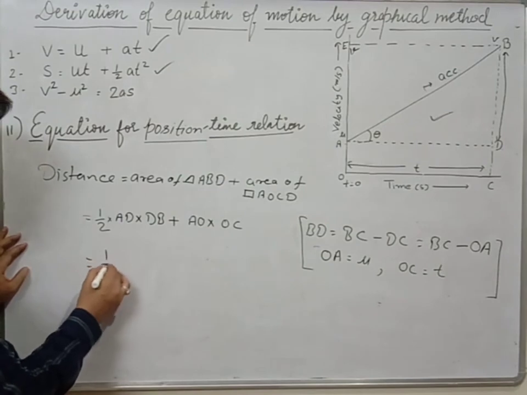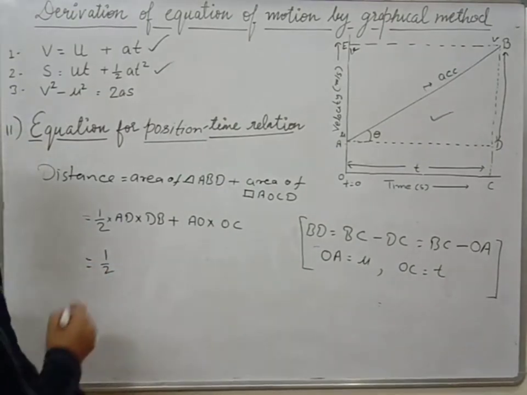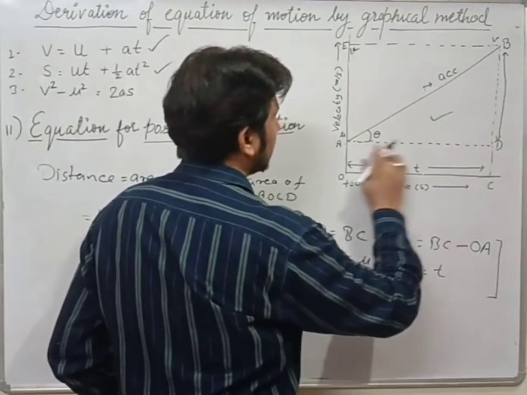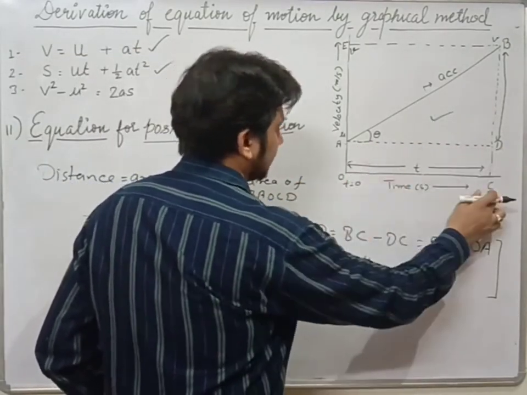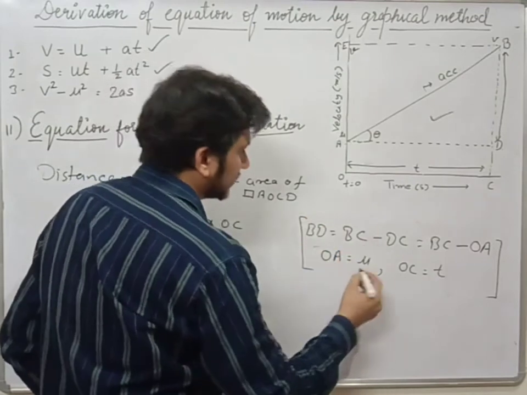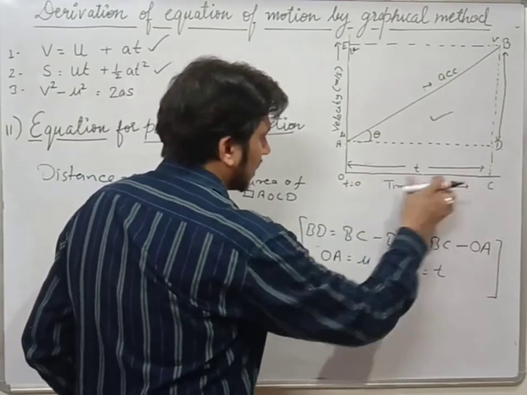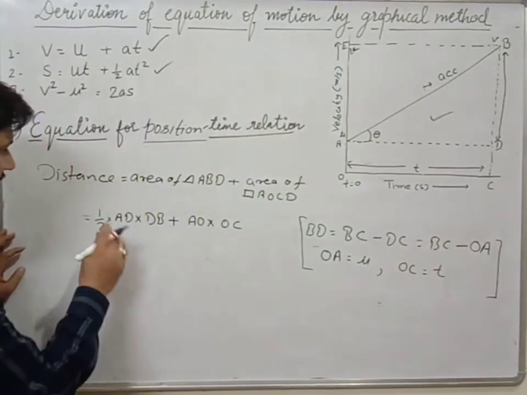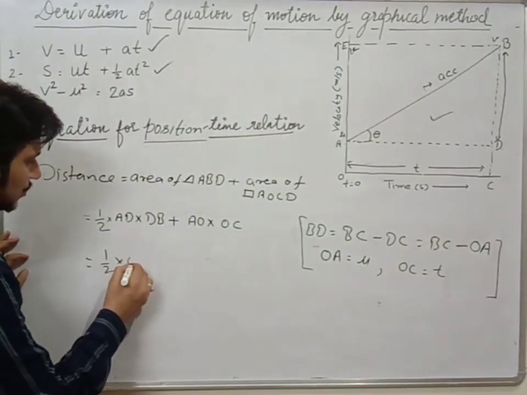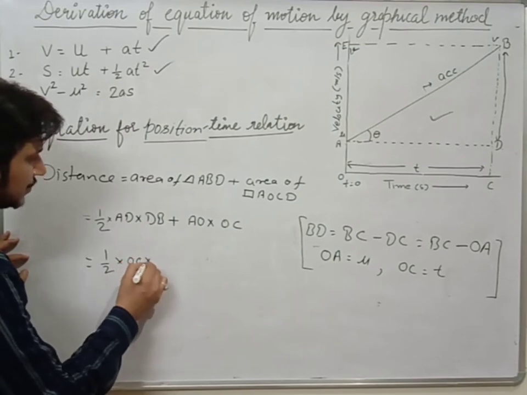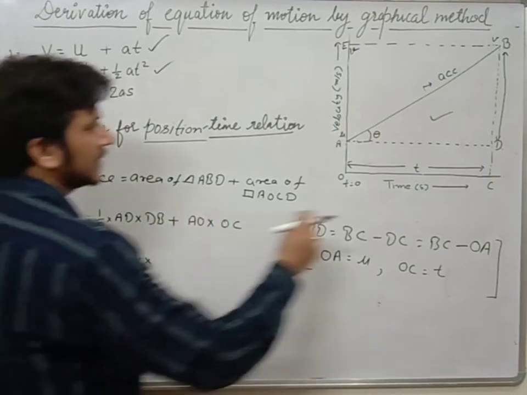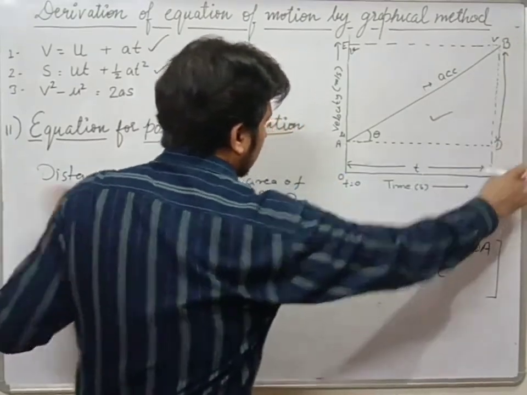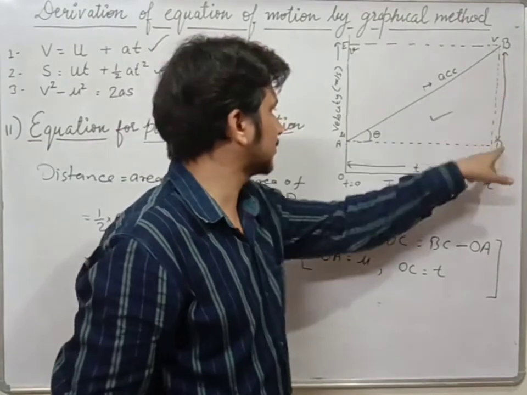Now half into AD, and AD equals OC, and OC equals time t. So AD equals OC, you can write, into DB.